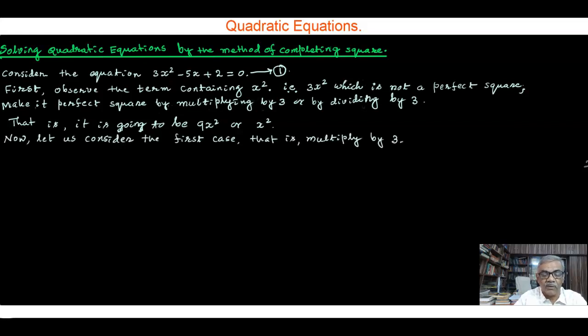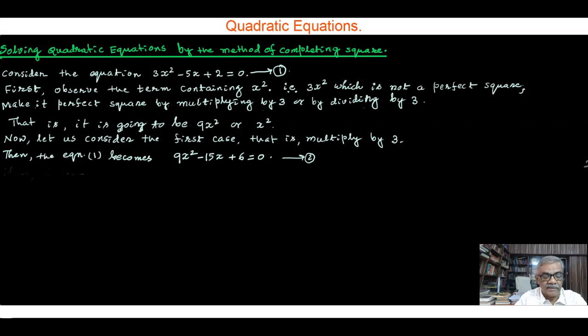Now let us consider the first case, that is multiply by 3, that is 9x square. Then equation 1 becomes 9x square minus 15x plus 6 is equal to 0. We will call it equation number 2.